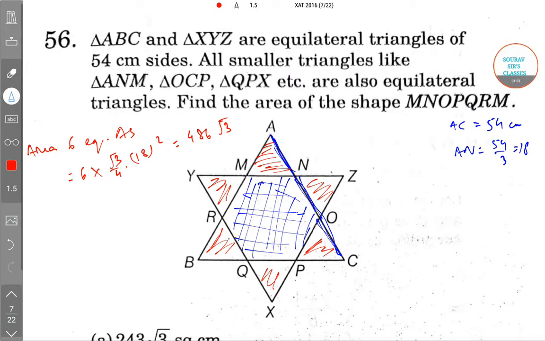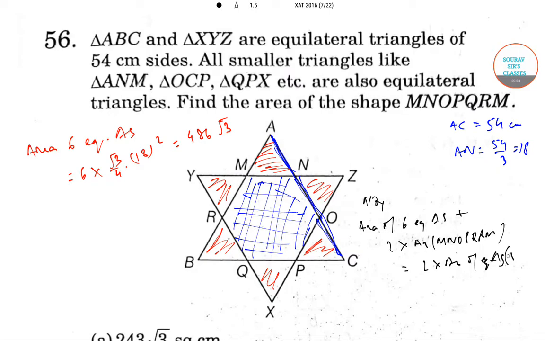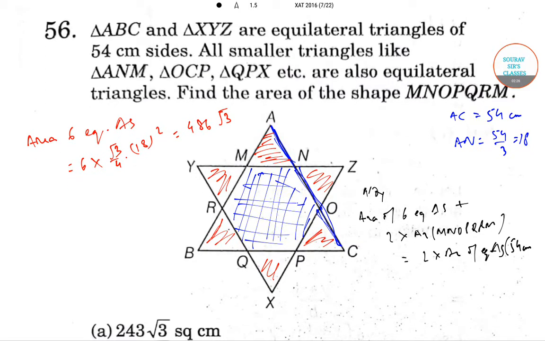Now, according to the question, area of 6 equilateral triangles plus 2 into area of MNOPQRM is equal to 2 into area of equilateral triangles with side 54 centimeters.